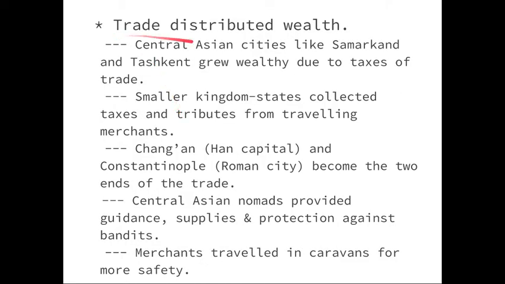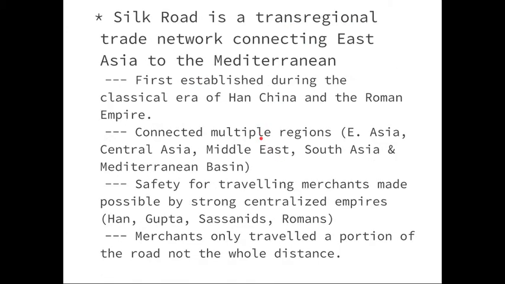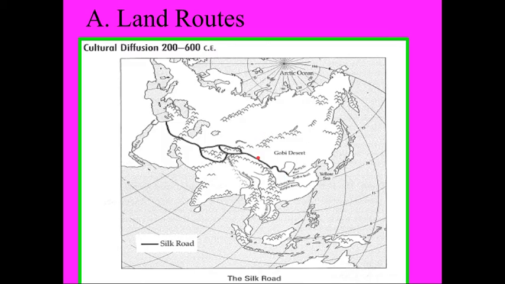So trade makes people wealthy, right? Because all those merchants, they gotta stop and eat. They gotta rest. They have to be protected, so they hire guards. They need animals, so they're gonna trade for animals, right?